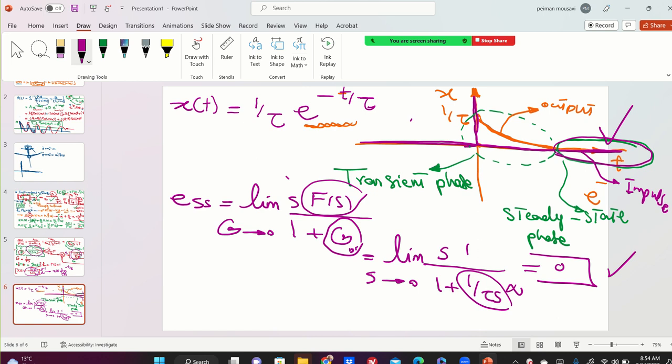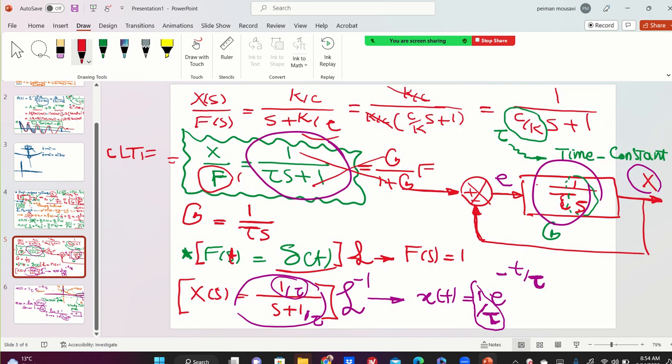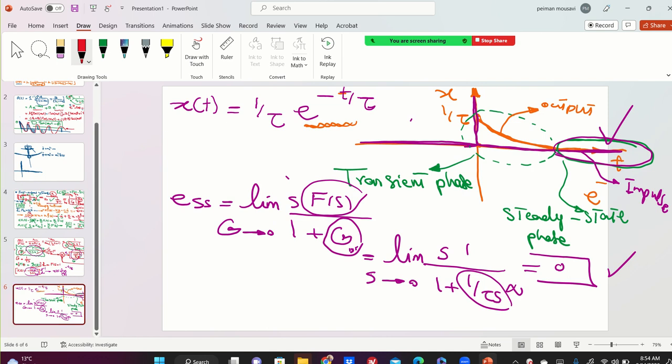I'm not done yet with this impulse, but I'm going to continue because I want to go to the next. Guys, I told you this tau is named the time constant. But it has a reason. The reason is this, guys.